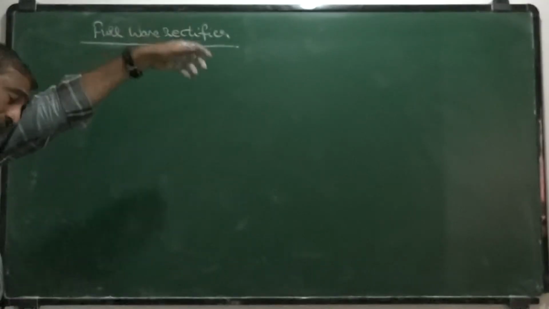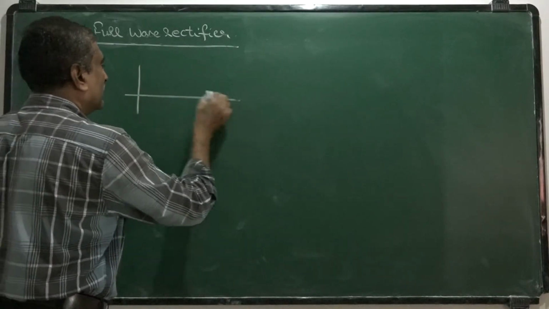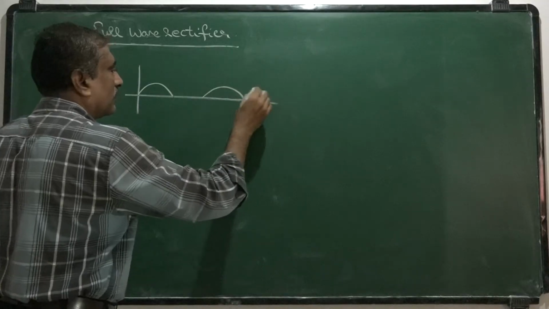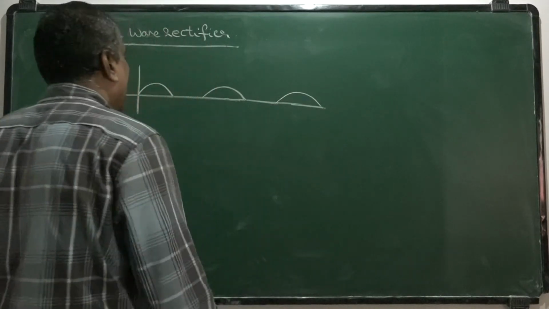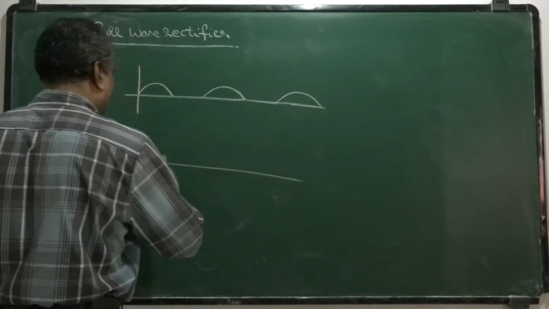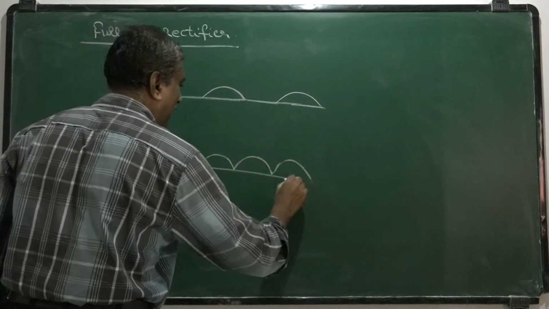Now, the output of the half wave rectifier is like this, and that of the full wave rectifier is like this.